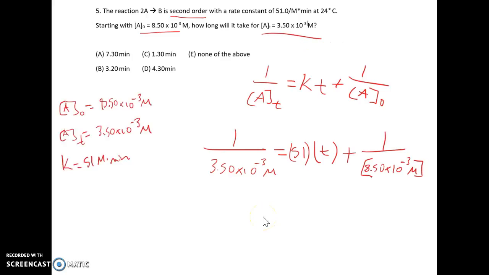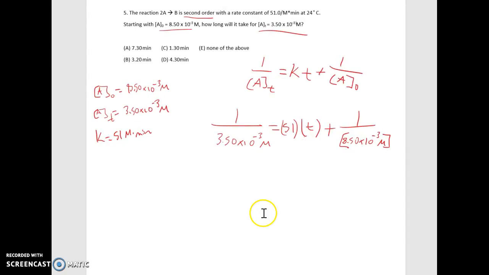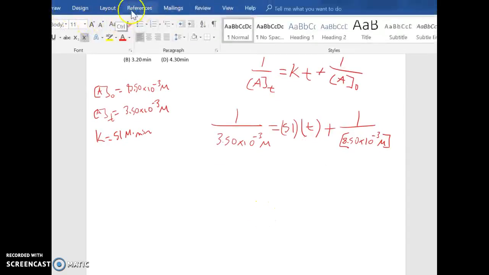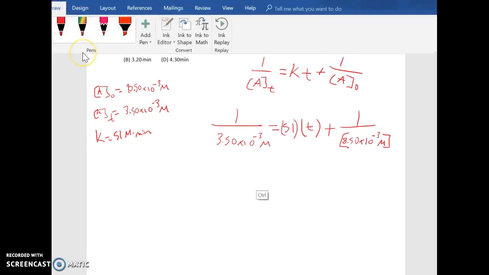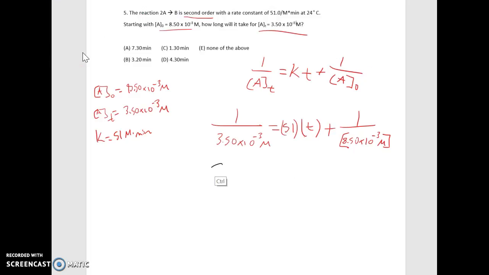Alright, so now all that's left to do is solve for T. 1 divided by 3.50 times 10 to the negative 3 is about 285.71. And then our 51 stays there, times our T, plus 1 divided by 8.50 times 10 to the negative 3, which is about 117.65.